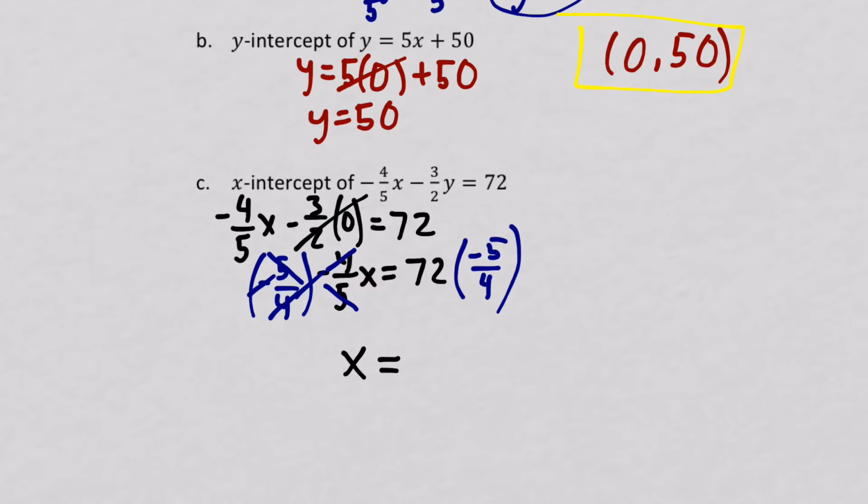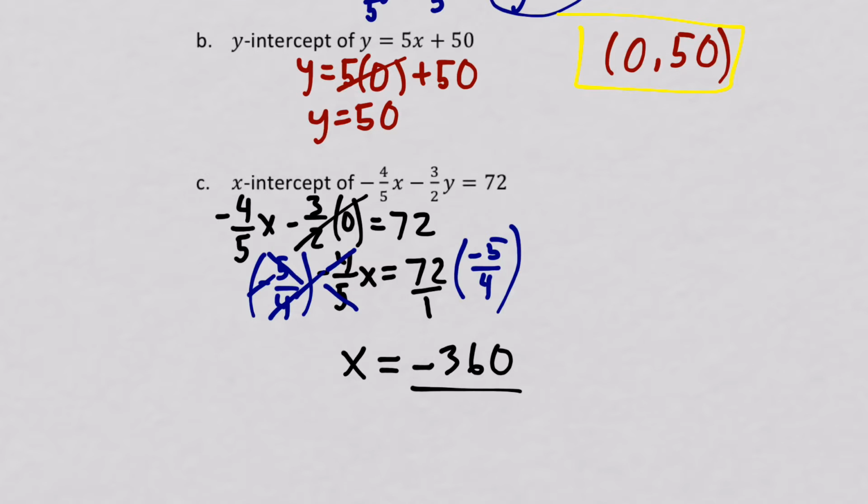Okay, so you have 72 over 1 times negative 5 over 4. First of all, that's going to be negative because it's a positive times a negative. And then you could multiply that out using your rules of multiplying fractions, right? Straight across, no fancy stuff, unless you see something that you can cancel. Okay, so what I'm going to do here is first multiply 72 times 5, which is negative 360.